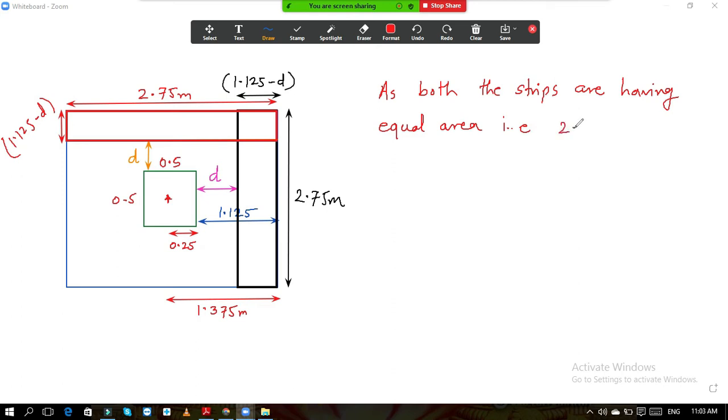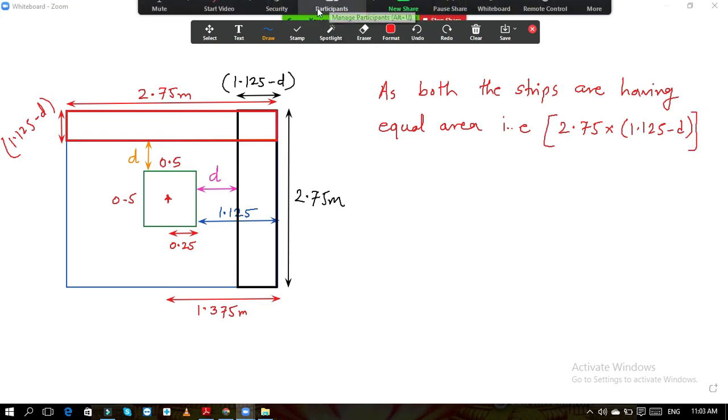It is now a rectangle, so 2.75 into 1.125 minus d. This is the area. Okay, just wait for 1 minute.